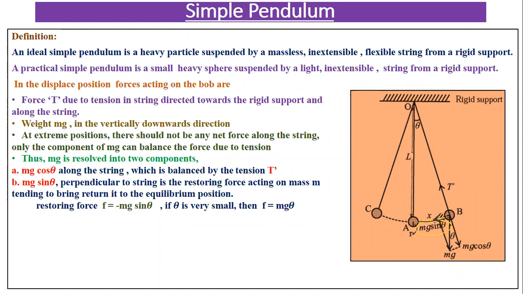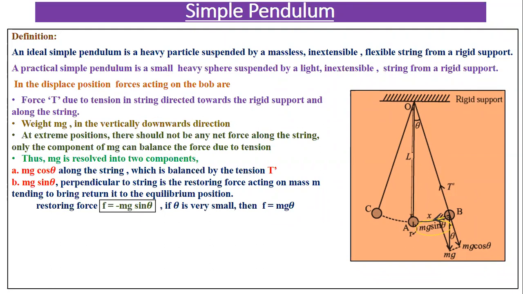So this mg sin theta we can write as the restoring force. So restoring force is equal to mg sin theta. Now we put the minus sign here. The minus sign indicates that as this F, the restoring force, increases, this theta decreases. Theta and F are oppositely directed. So the minus sign is here.